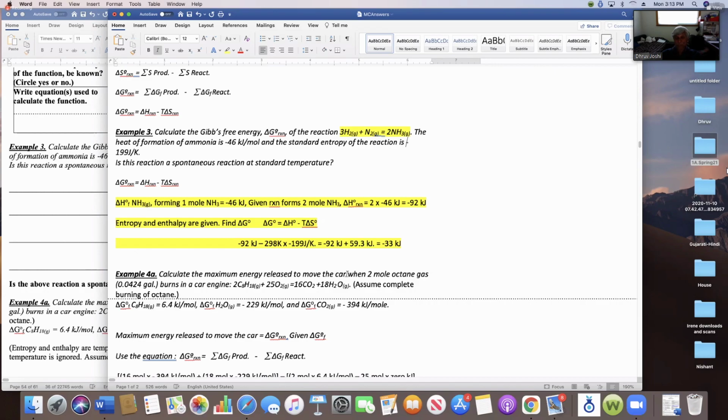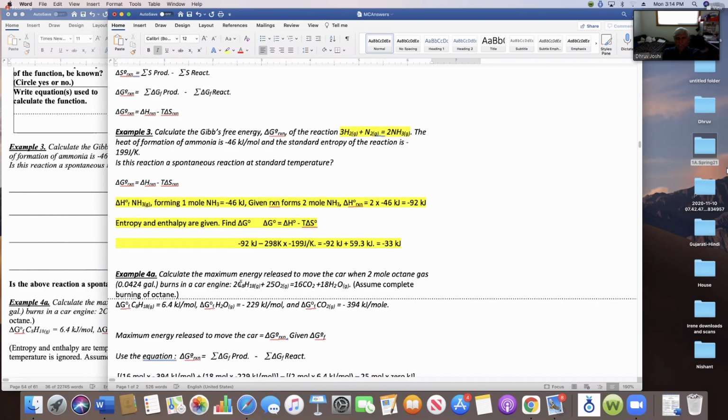When 2 moles of octane gas burn in a car engine, this is the equation for the reaction given to you. Assume complete burning of octane.